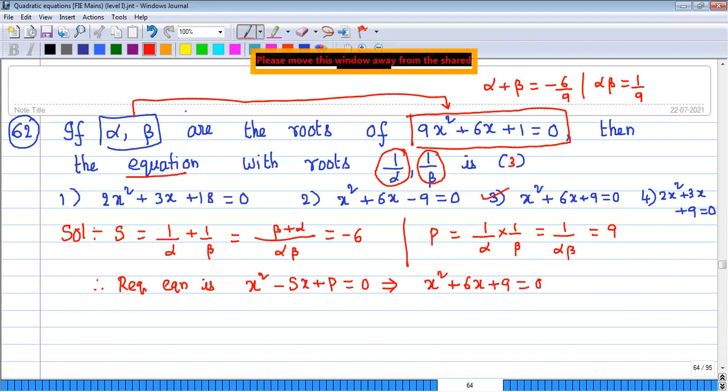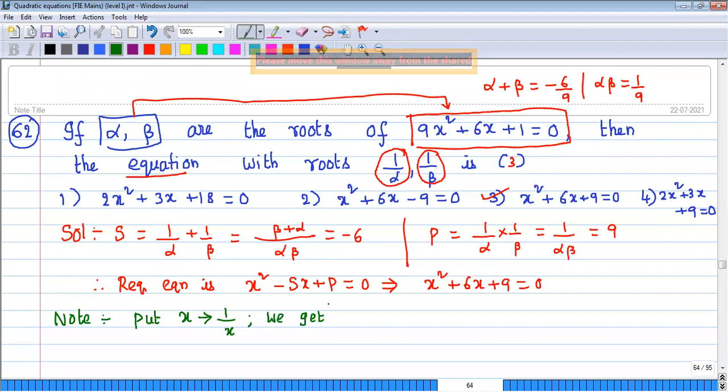This is one method. The other method is, next we see, put x for 1 upon x. So we get 9 upon x square plus 6 upon x plus 1 equals 0. Multiply both sides with x square.